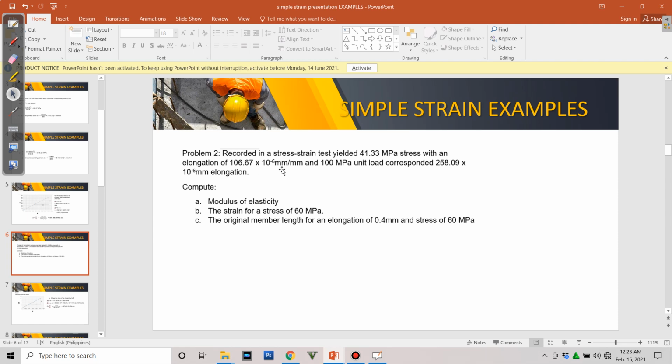By the unit itself, this is unitless, so it refers to the strain of this particular unit load or stress. The same is true with the second unit load, the 100 megapascal unit load. It corresponds to 258.09 times 10 raised to negative 6 millimeter elongation. Meaning this is in terms of unit deformation.